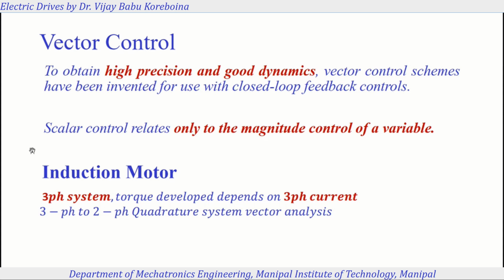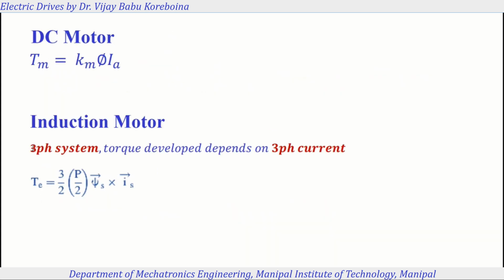Now in a DC motor, we know the torque is proportional to the flux and the current. They are quadrature components. So you can control the torque by keeping the rated flux constant and varying the armature current.